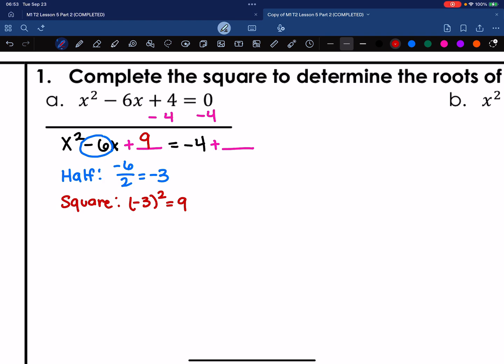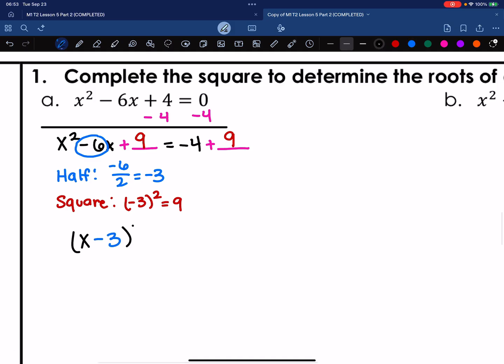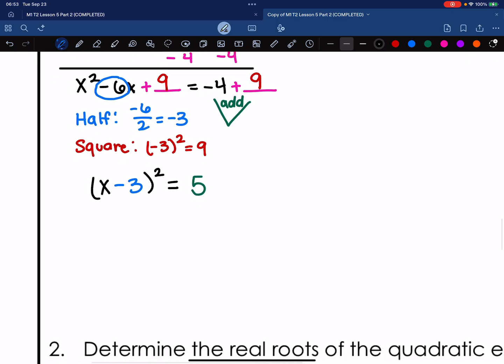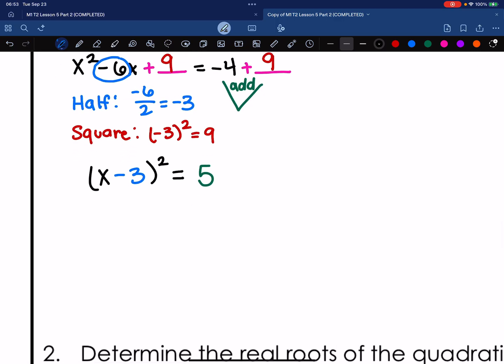9 is the magical number that goes in both of our blanks. Now our shortcut, we take our variable and then our half term, and we put it in parentheses and square it. Then we can take these two numbers and add them. So negative 4 plus 9 is 5. Now that you have it in that vertex form, you can go ahead and solve.